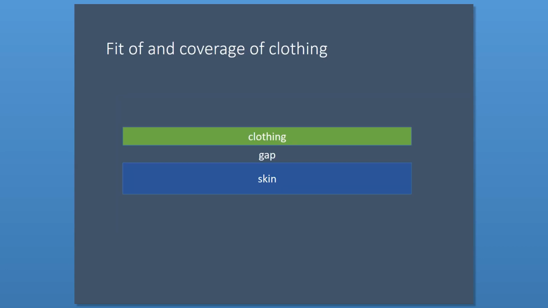This idea of the coverage is important. The clothing coverage, of course, the amount covered, that makes sense, but this gap between clothing and skin is very important, and it's one of those areas for which we don't have the greatest measurements, and that's somewhere where we do need to have better information.